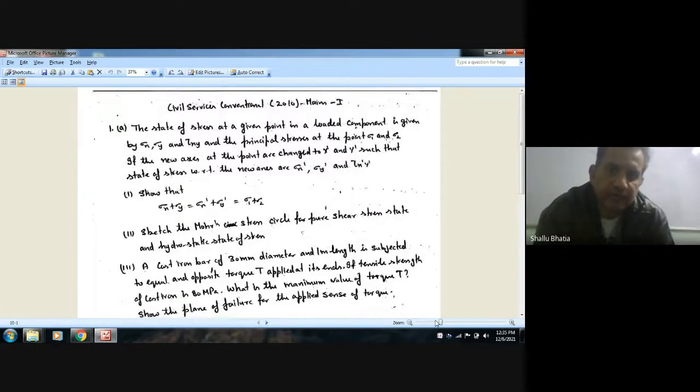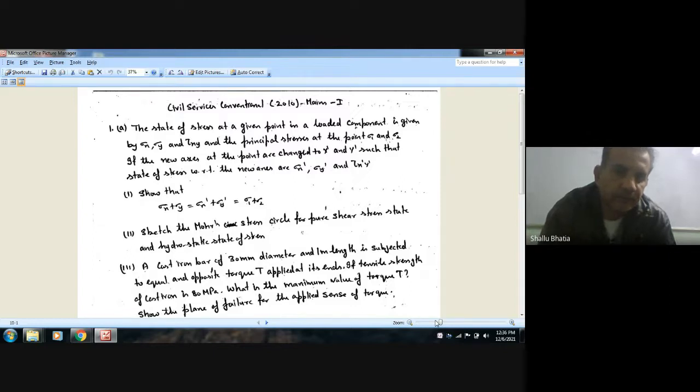The state of stress at a given point in a loaded component is given by sigma x, sigma y, and tau xy. The principal stresses at the point are sigma 1 and sigma 2.